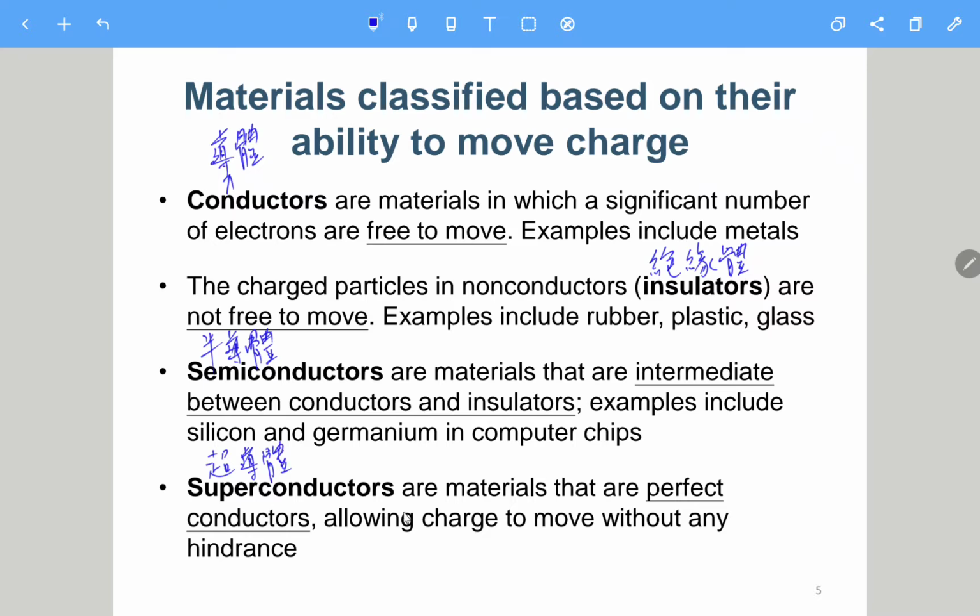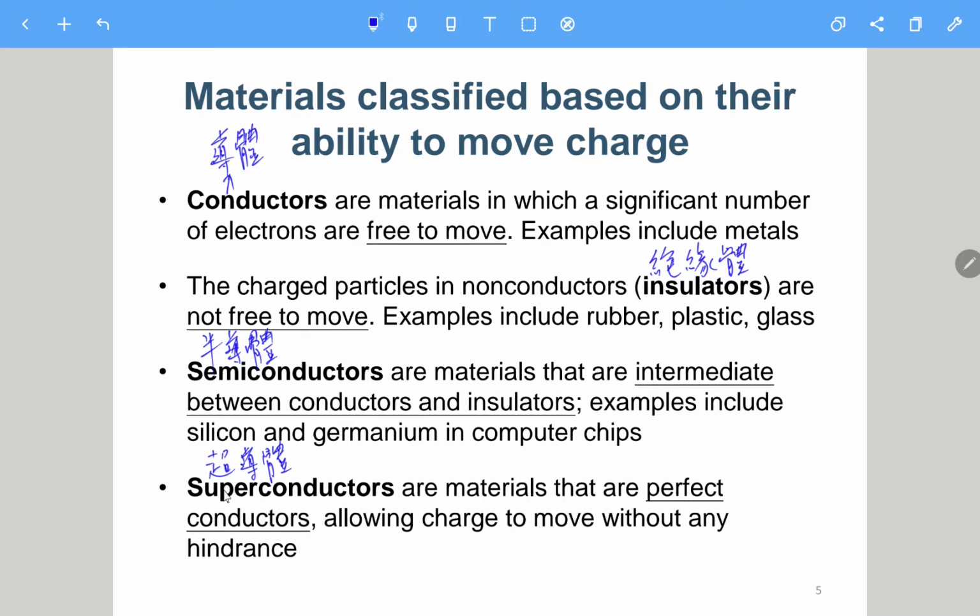Superconductors are materials that are perfect conductors. Perfect means no resistance, no loss, allowing charge to move without any hindrance, without any resistance.